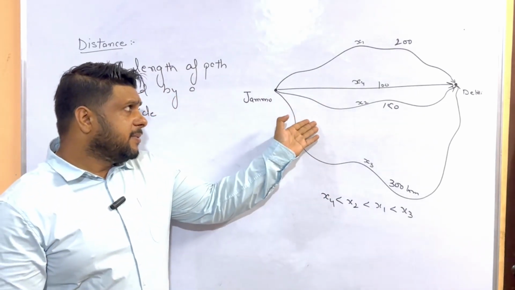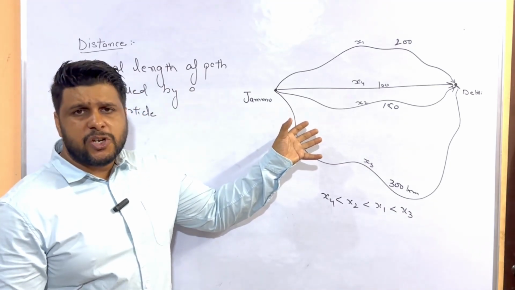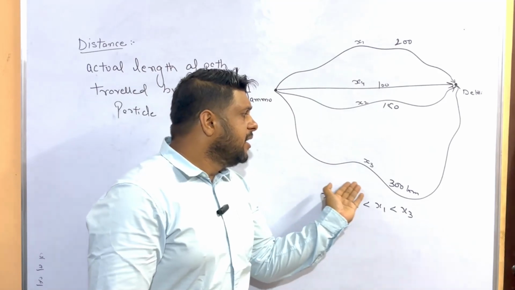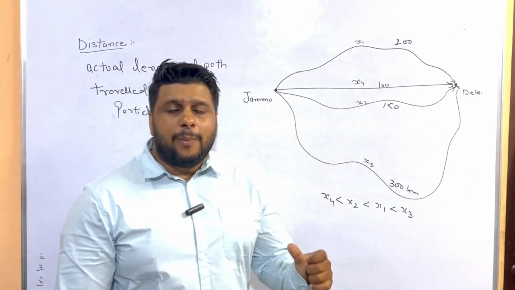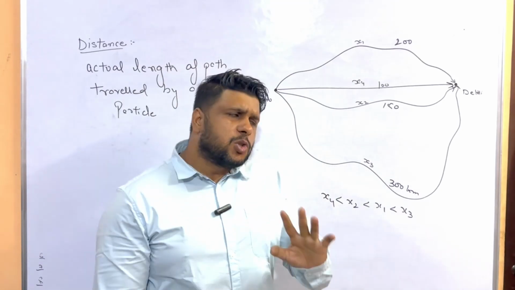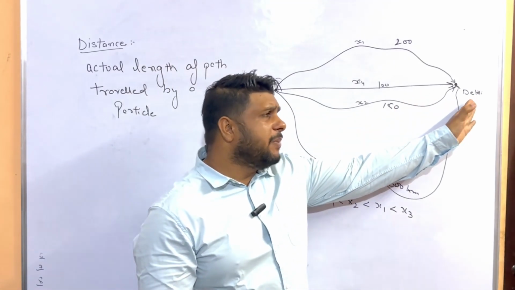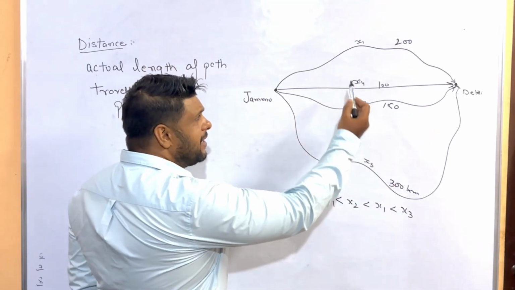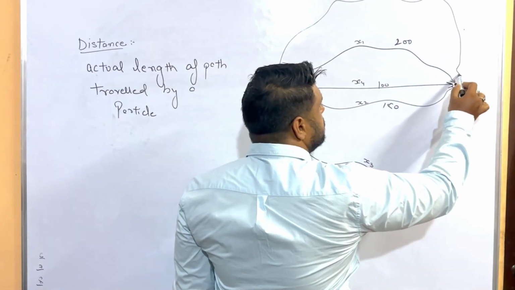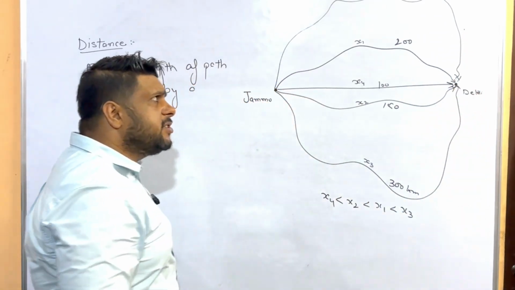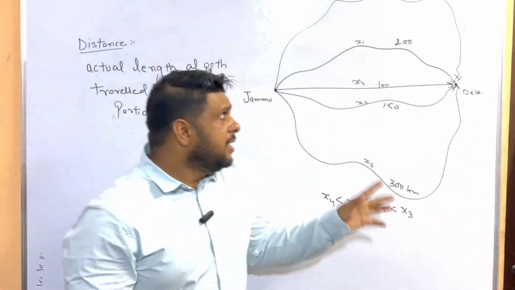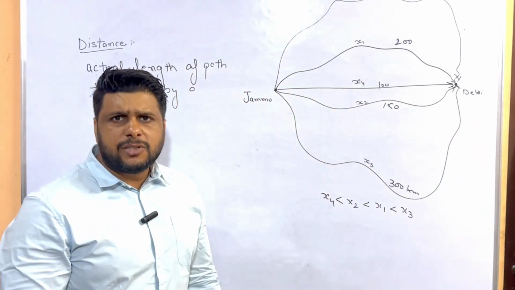Is there a particular direction in which I must go? I can go in this direction, this direction, or this direction. So can we conclude that distance is independent of the direction? Though my initial and final positions are fixed, I can travel in any direction to reach my destination.